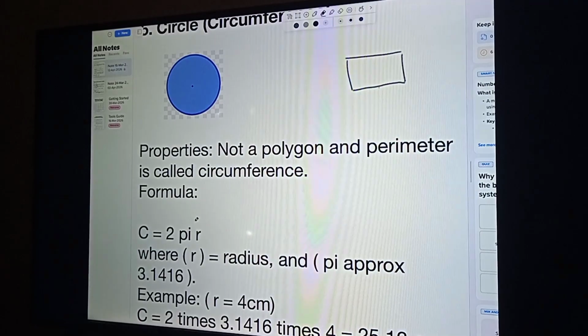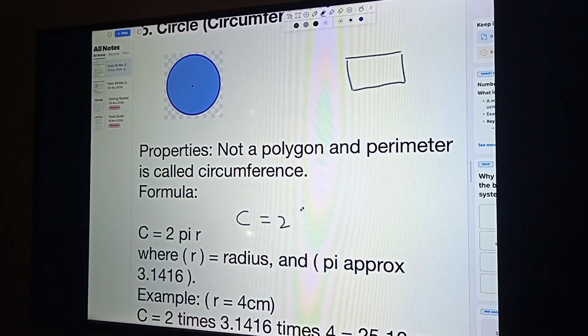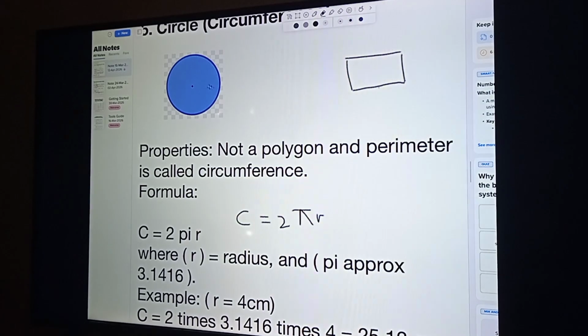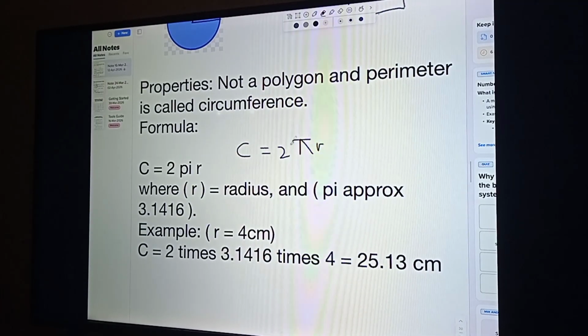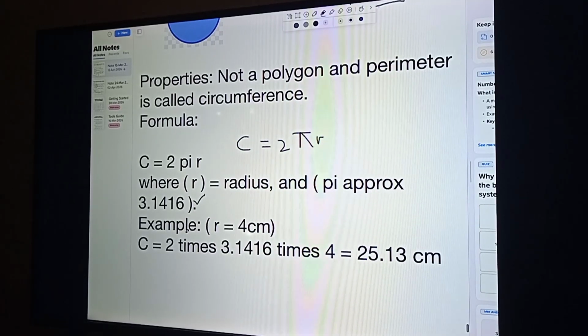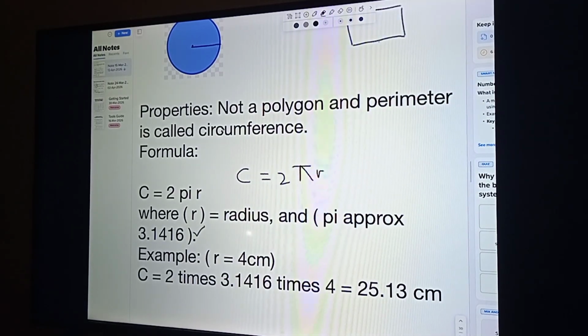So we will use C, and C will be equal to 2 pi r, where r is the radius, and radius is the measurement from the center point to the side of the circle. So this is the radius. Radius is given, whereas pi is approximated to 3.1416.